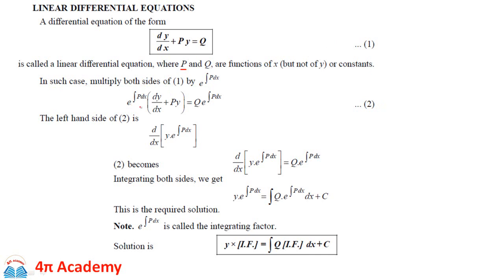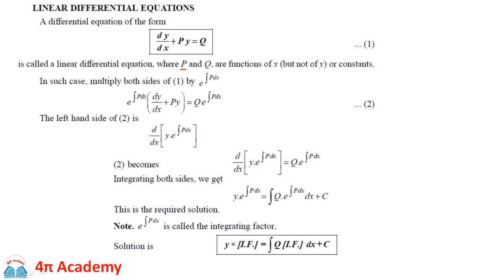So e raised to power integration of p dx into dy by dx plus py is equal to q into e raised to power integration of p dx. Then the left hand side of this equation 2 is d by dx of y into e raised to power integration of p dx. So the second equation becomes d by dx of y into e raised to power integration of p dx is equal to q into e raised to power integration of p dx.